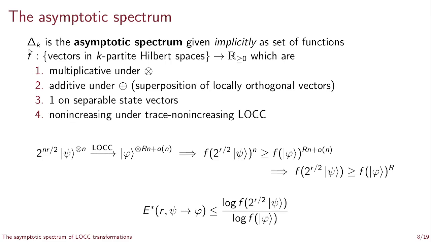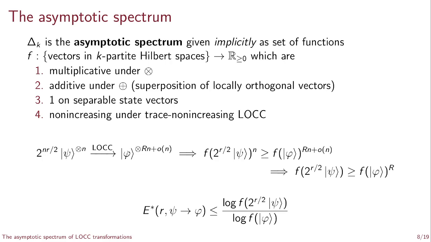Whenever we have such a quantity f, it gives an upper bound on the achievable rates because of the following reason. Suppose we can transform n copies of psi to r times n plus little n copies, so up to sublinear correction, r times n copies of phi with success probability 2 to the minus r times n.